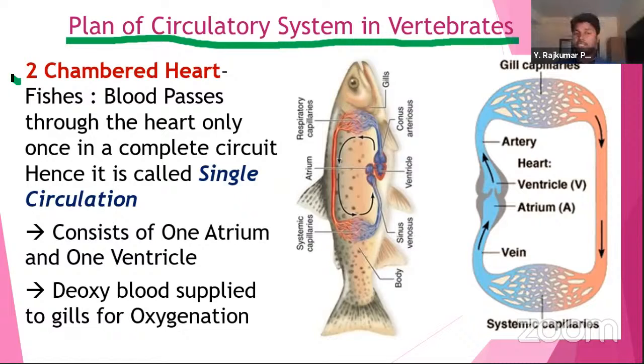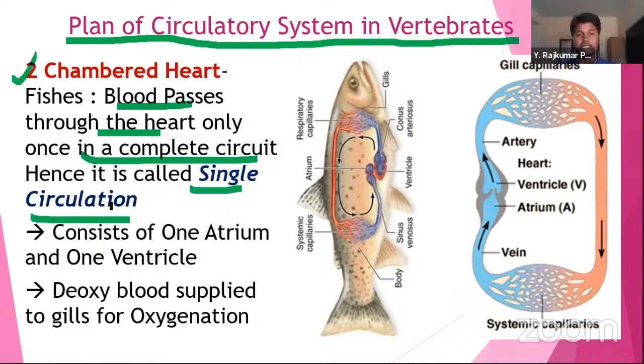Fishes have a two-chambered heart. In them, blood passes through the heart only once in a complete circuit, hence it is called a single circulation. Single circulation means passage of the blood through the heart only once. You can find this in fishes. Fishes have a two-chambered heart.